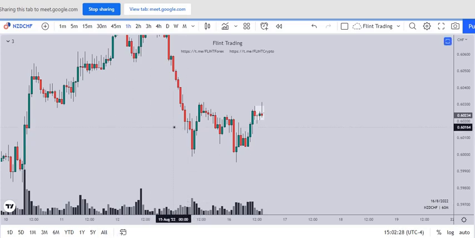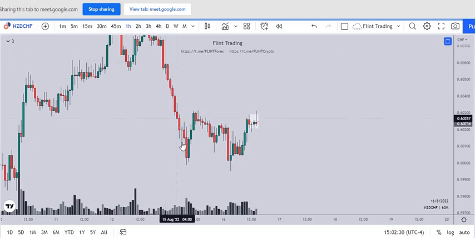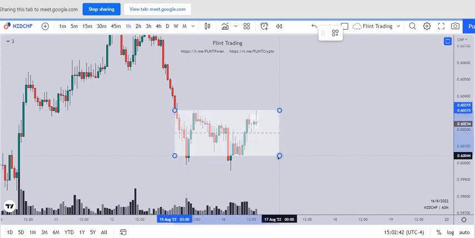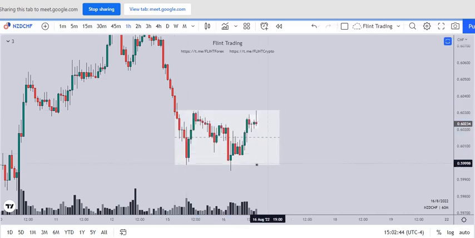So for me, as I mentioned in EuroCAD, for example, if I was looking for an accumulation, then I would have been looking for a spring right there, and then price pushing upside. Why?